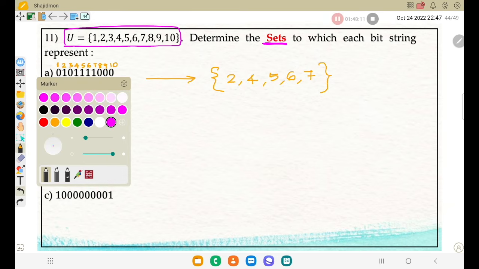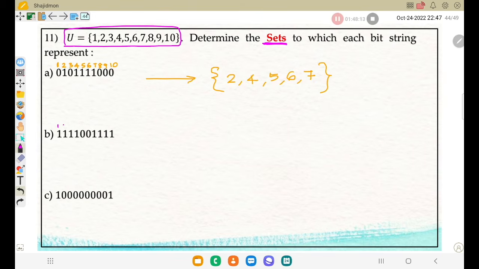Okay, now let me do this one. 1, 2, 3, 4, 5 and 6 are absent. 7, 8, 9, 10 are present. So what will be the set? 1 is there, 2, 3 and 4; 5, 6 absent; then 7, 8, 9 and 10 present.